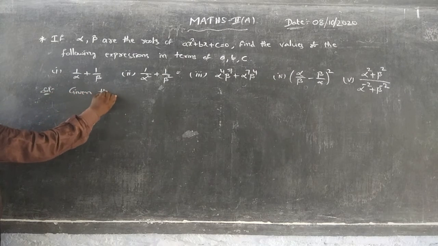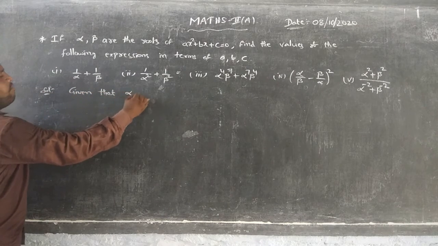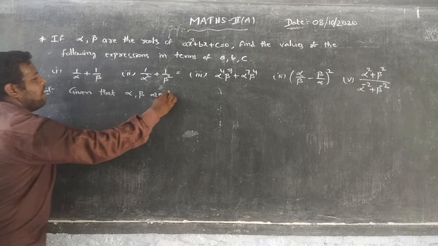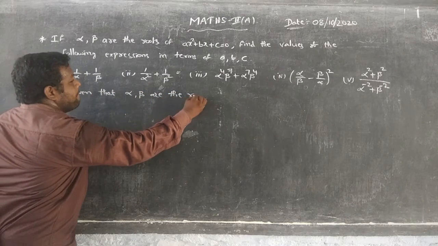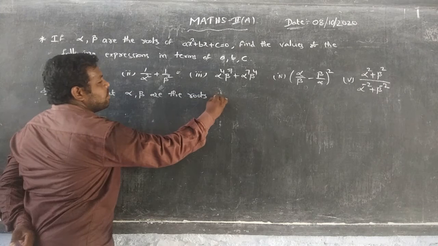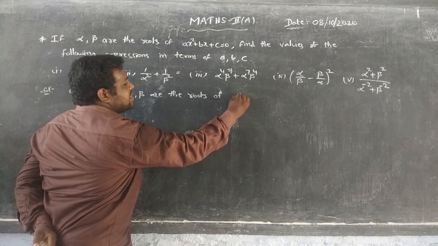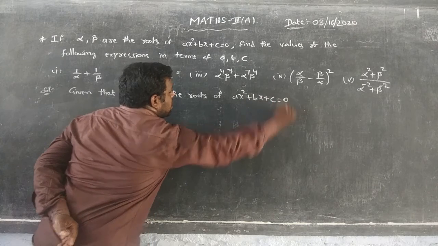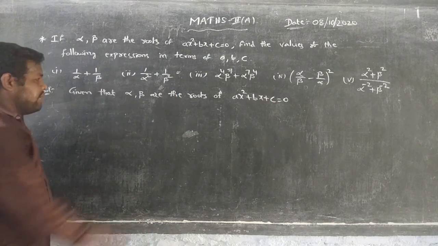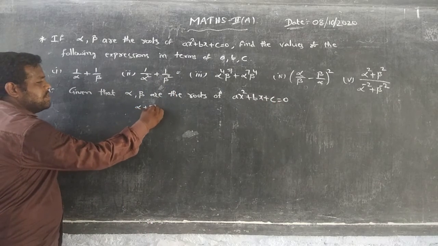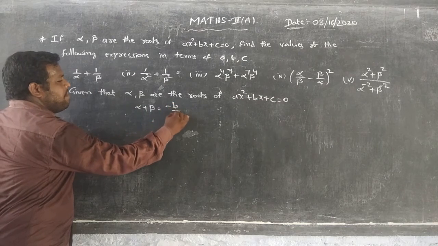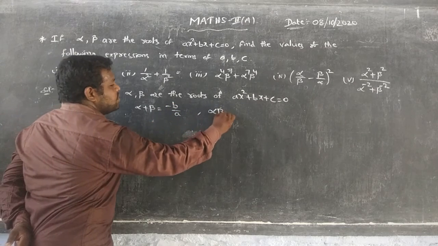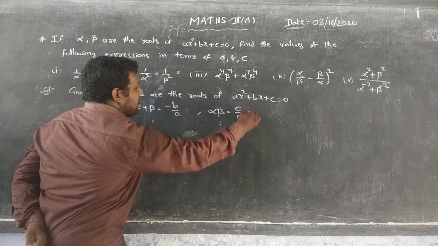Given that alpha, beta are the roots of ax square plus bx plus c is equal to 0. Then the sum of the roots is minus b by a and the product of the roots is c by a.